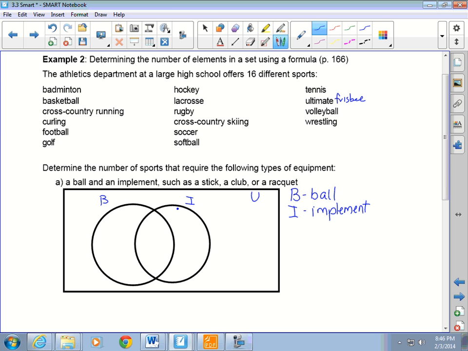So if we look at badminton, badminton uses an implement, but it doesn't use a ball. So that's going to go here. Basketball uses a ball only.